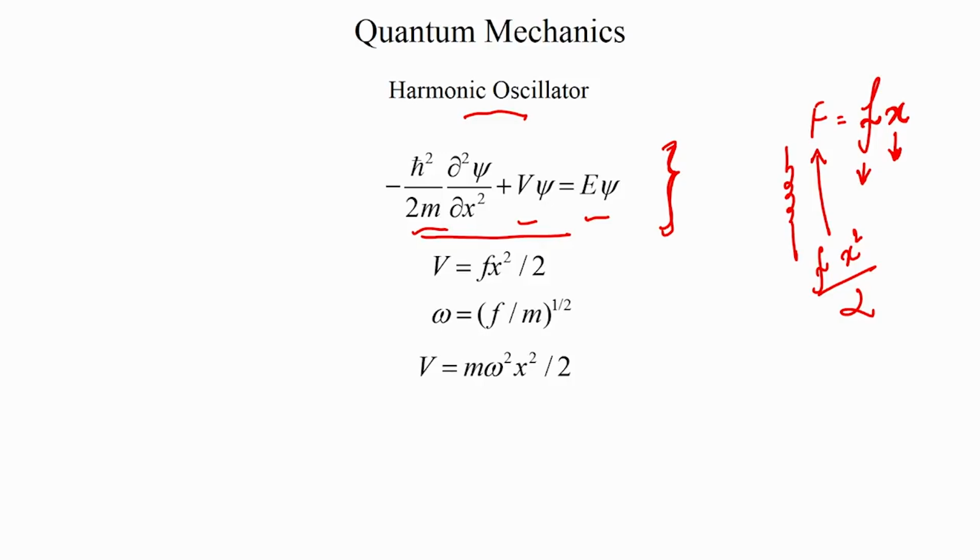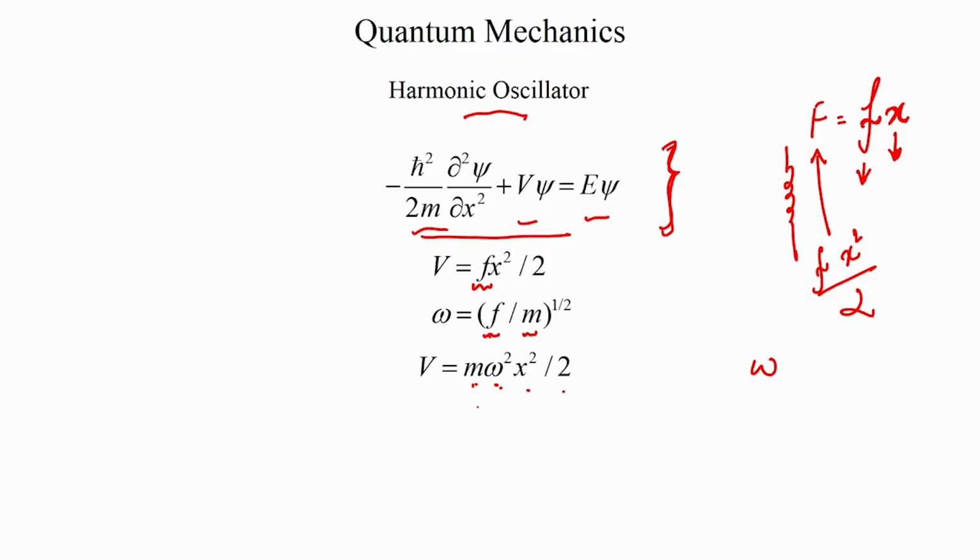And if I were to let the spring go and oscillate, it would have a natural oscillation frequency of omega, which is equal to the spring constant divided by the mass, to the power half. Okay. And the potential energy term can be rewritten by writing F in terms of omega and m as m omega square x square by 2.